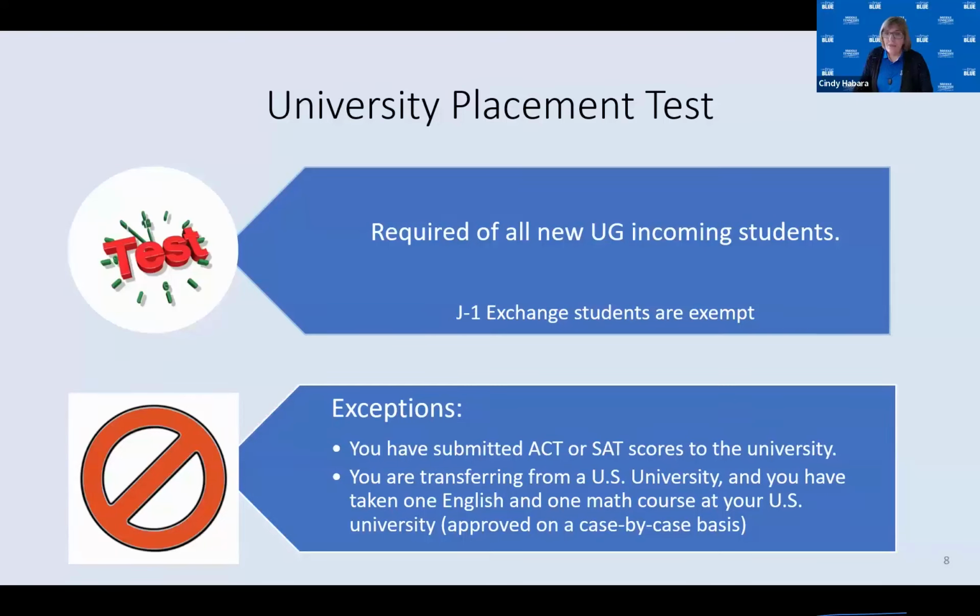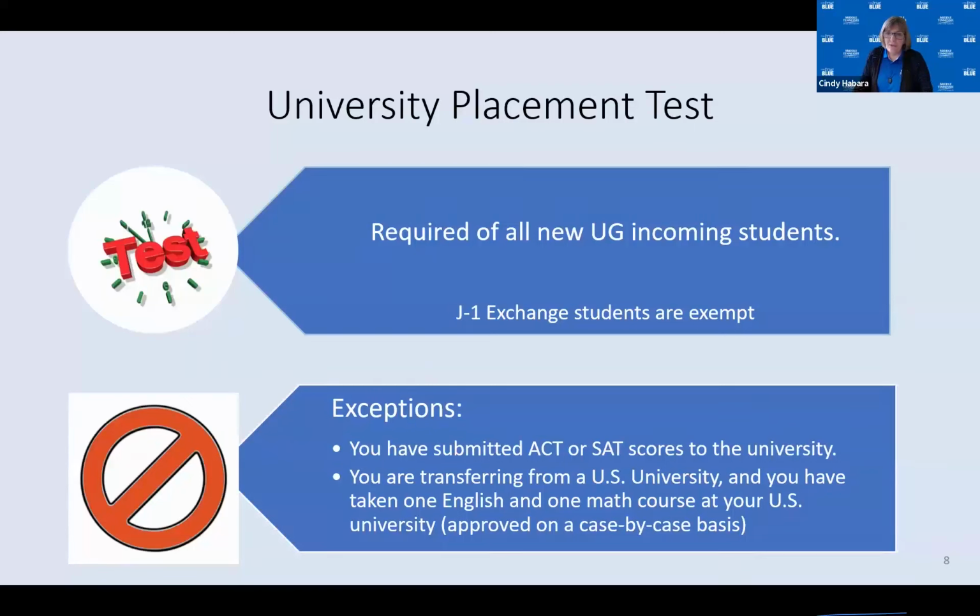So when you've done this, you need to make sure that you are, number one, using the same name, and you have actually requested that the SAT and ACT scores be sent to MTSU. Just telling us that you have taken the test is not good enough. You need to make sure that you've taken the step of sending these to our university.